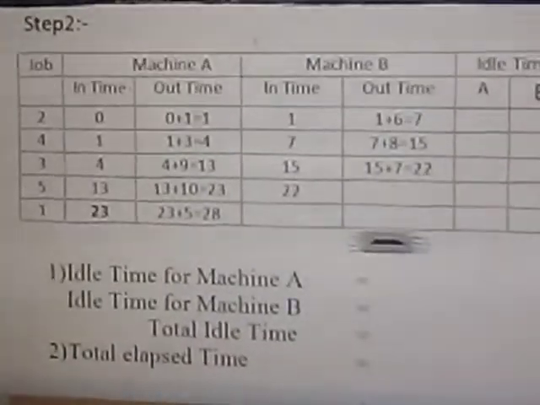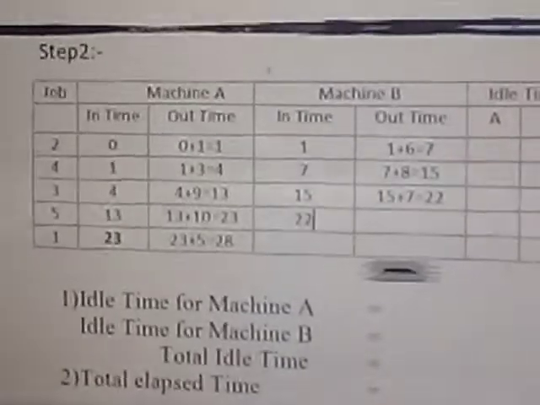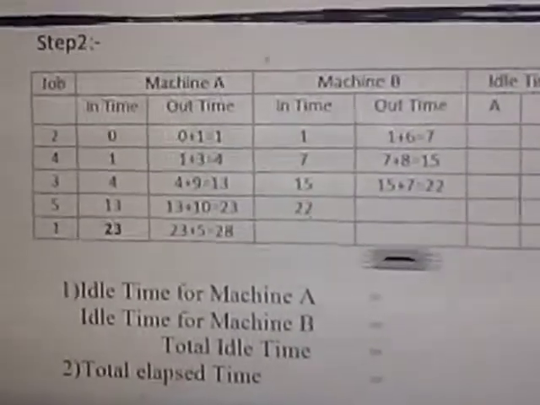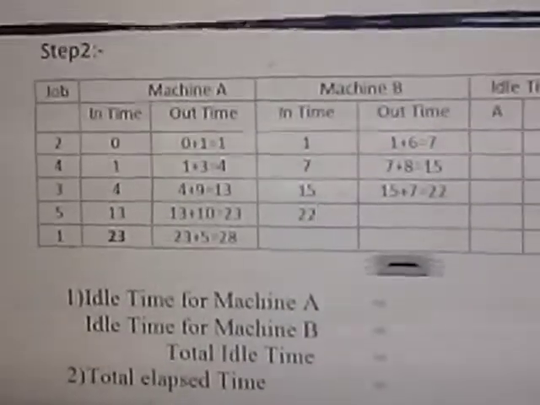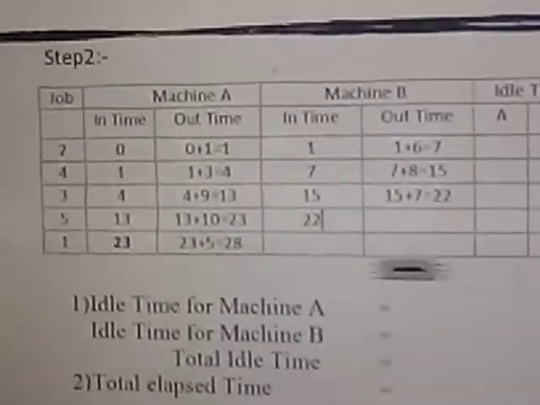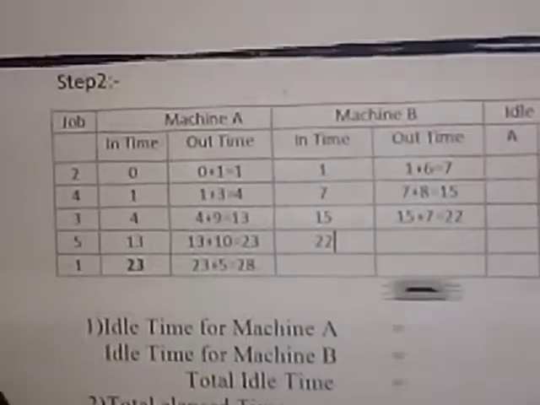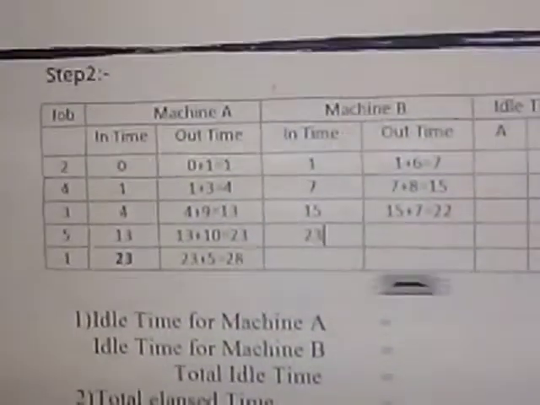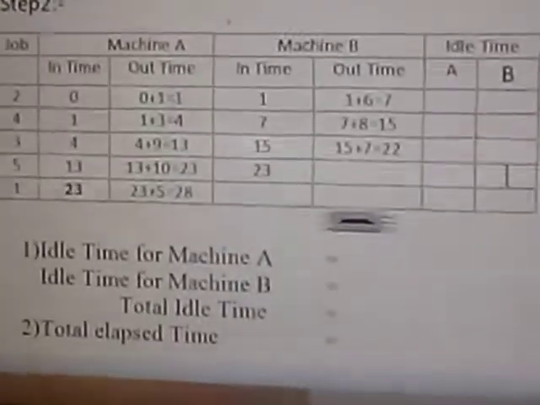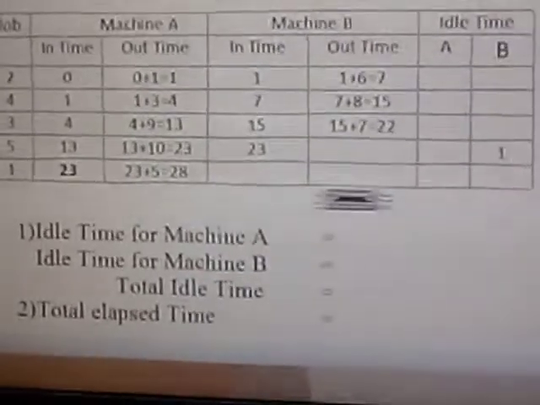But 22 is smaller than the out time of machine A, that is 22 is less than 23 hours. So there is a simple logic here: we take the same out time of machine A, so we write 23. So the idle time of machine B is 23 minus 22 equal to 1.